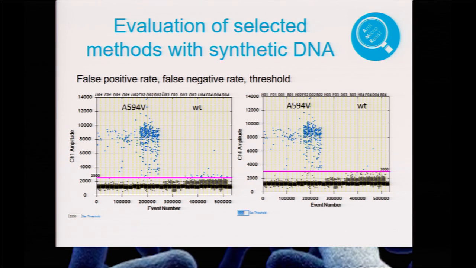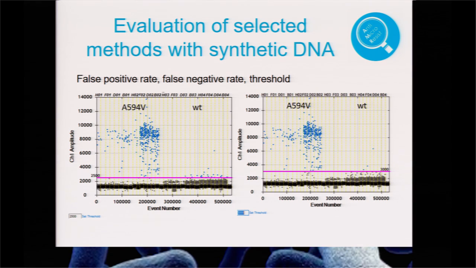By setting the threshold, you can see in one picture it is 2,500, and the other is 3,000. By setting these thresholds, we wanted to exclude false positives, which you can see under the wild type. You can see two levels of negative droplets, negative partitions, but these are false positive.